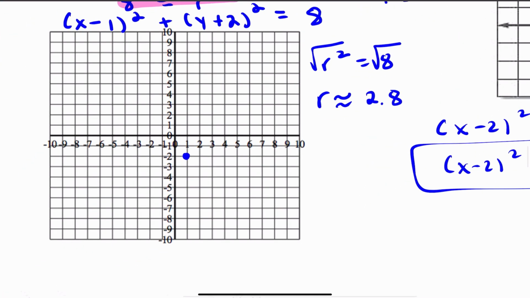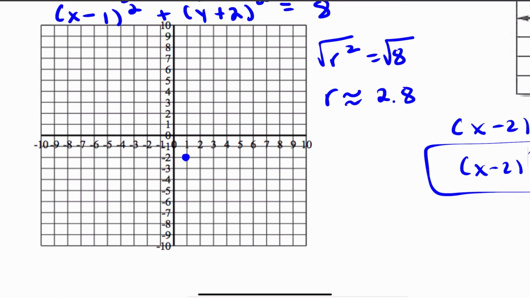So that means I need to go up 2.8, which is about here. I need to go right 2.8. Oh, sorry, that's not right. It's 1, 2. Okay, that's right here. That's 2.8 because I've got to go up 2.8 from that center point, and I need to go right 2.8 from that center point.